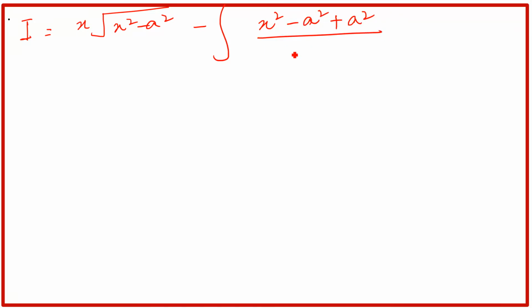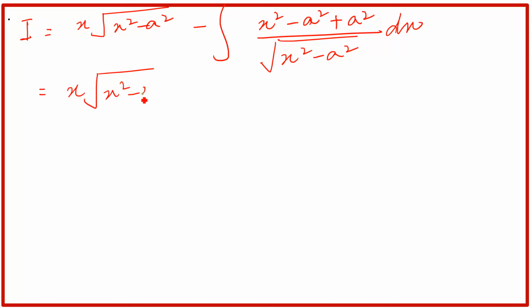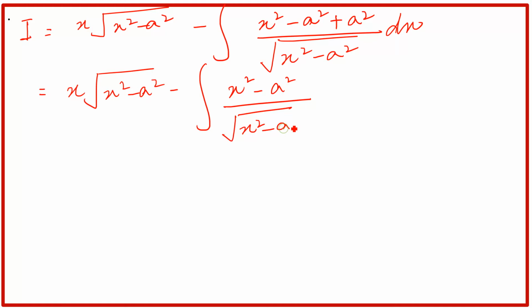Technically these cancel each other, so it does not make any difference to our question, but in order to solve it we have to do this. We will make x square minus a square separate, and the plus a square we will do separately.